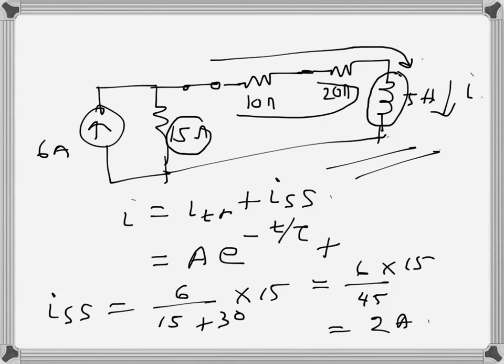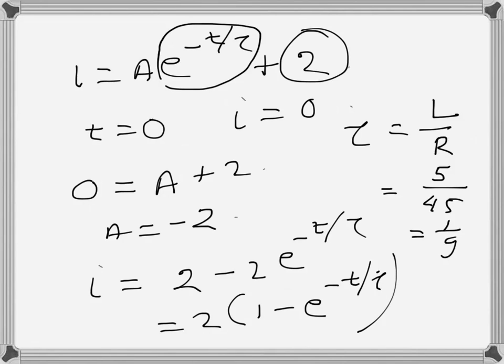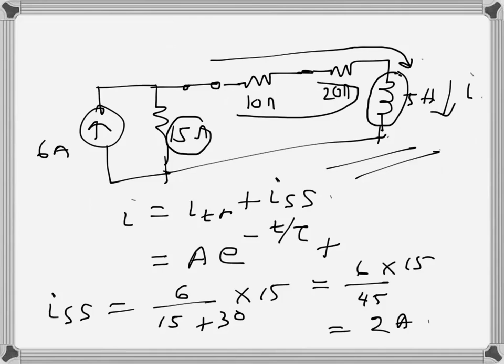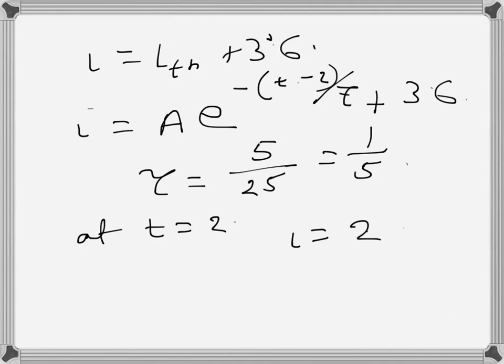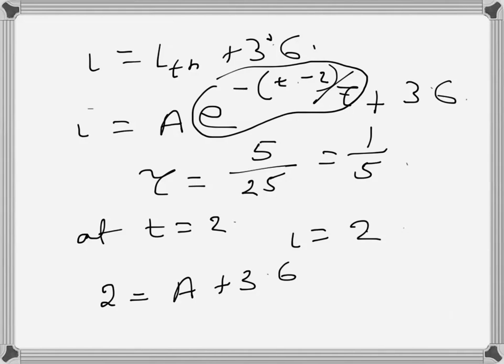So the current was actually 2, by the current divider rule. So here we will have 2 at t equals 2. This term will become 0 because t equals 2, and this is 3.6. So A becomes minus 1.6, 2 minus 3.6. So that's our A.